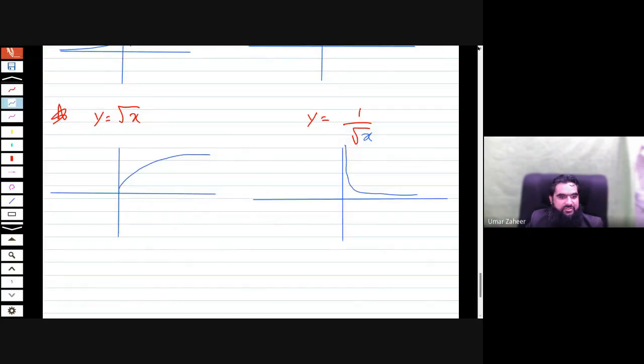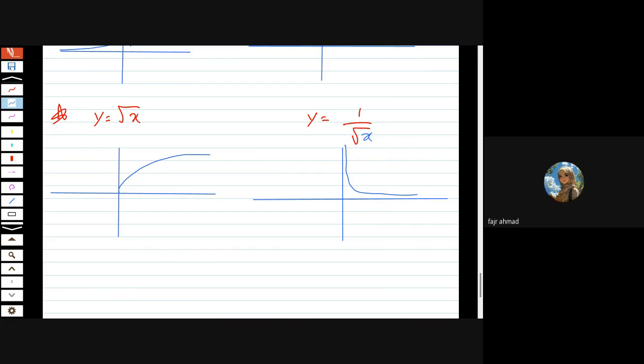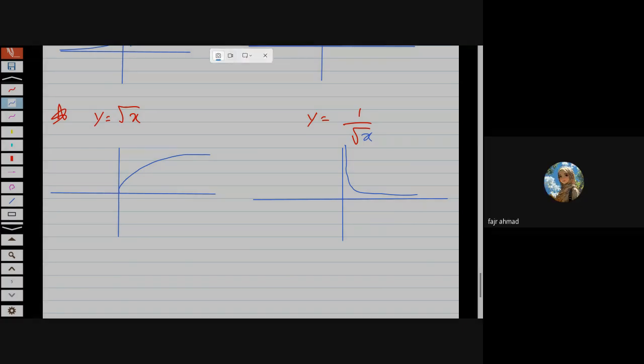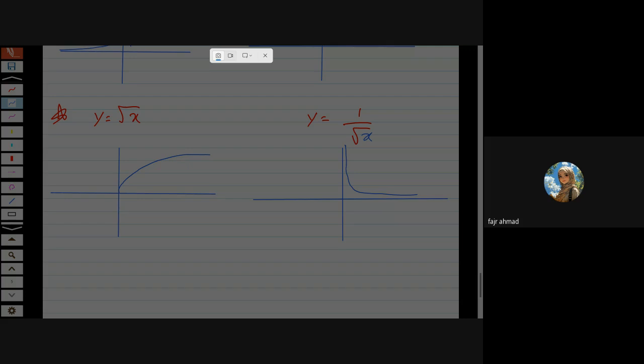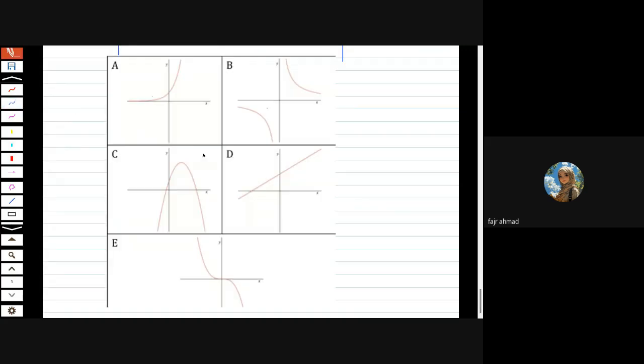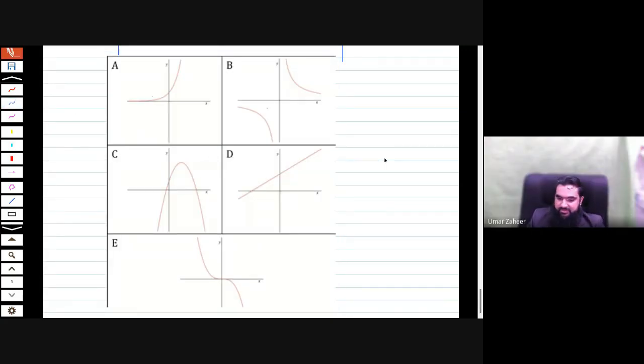Everyone, the general shape of the graph is clear. So, can you tell me what is this graph?